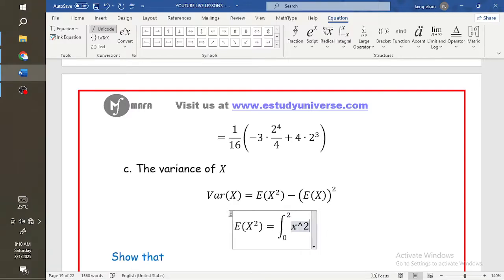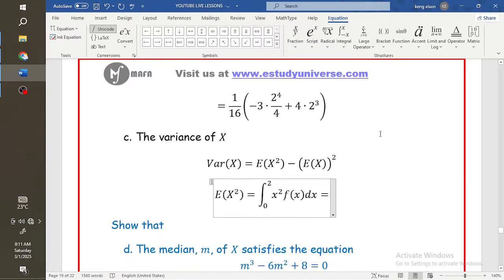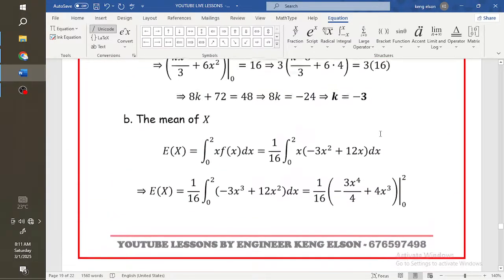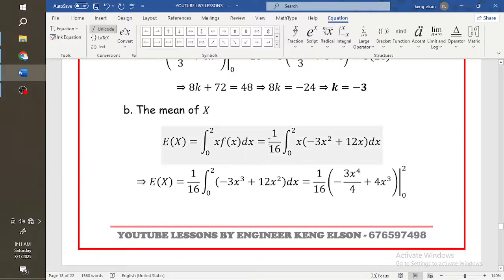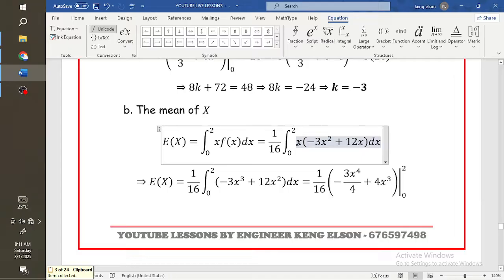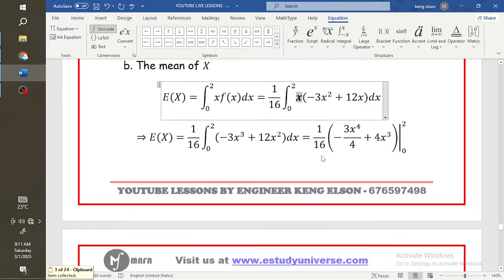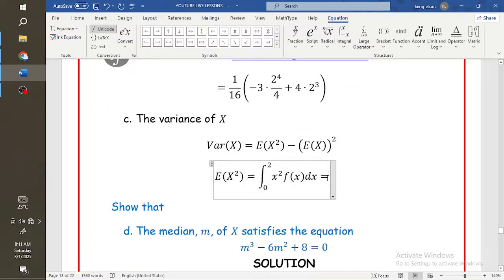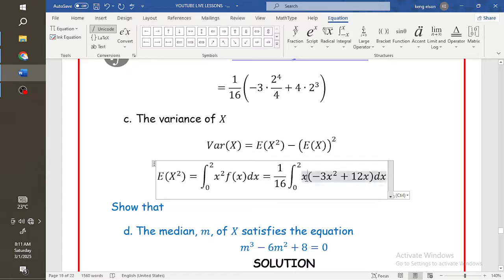We said it is x squared times f of x dx. So instead of multiplying my f of x with x, I'll multiply it now with x squared. I have 1/16 outside, and I'm just going to change this x here to x squared. So I'm going to have the same thing, but in the place of x here, I put x squared.